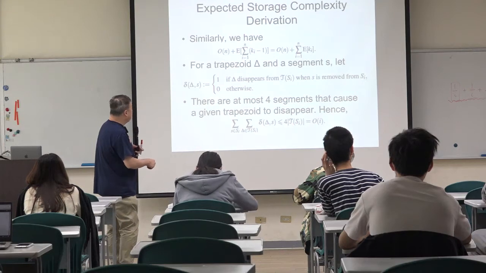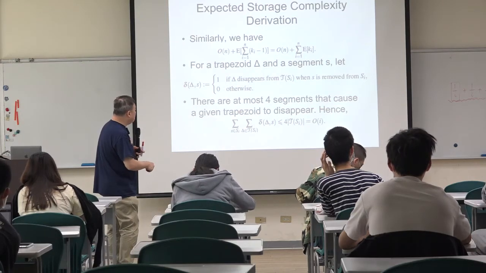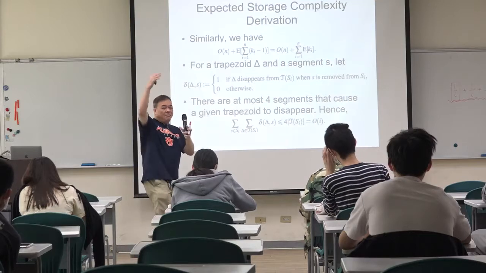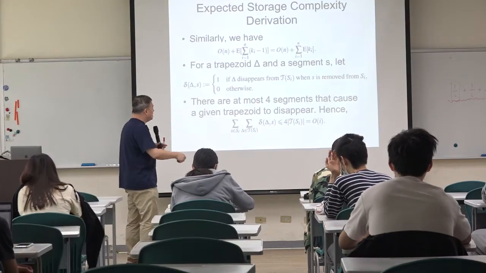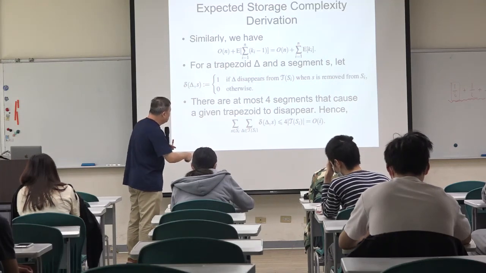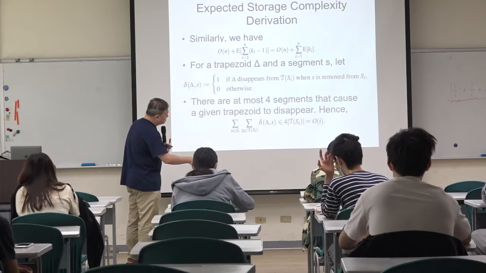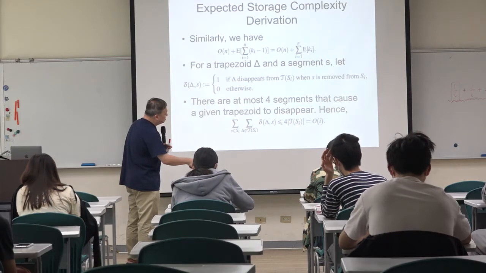Why? Because there are at most 4 segments that cause a given trapezoid to disappear. I already discussed that: top, bottom, left, right. And we know this is linear in the number of trapezoids.